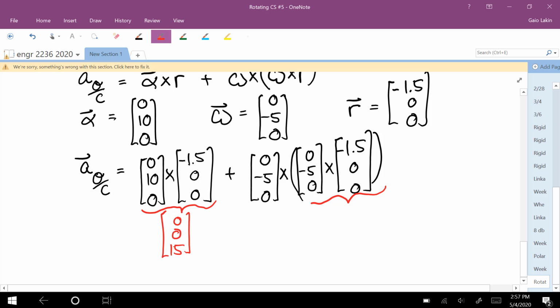This one is (0, 0, -7.5), and we're crossing that with (0, -5, 0).